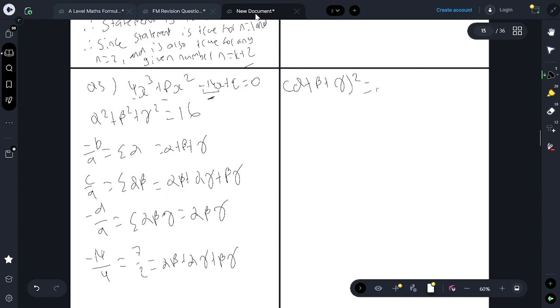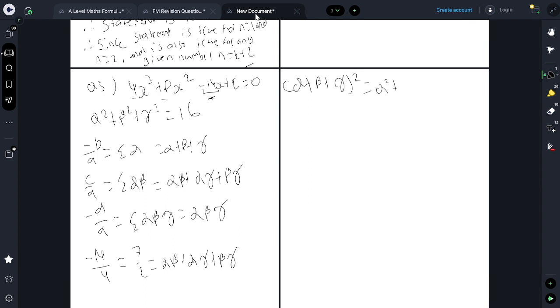If we expand that out, that's going to be alpha squared plus alpha beta plus alpha gamma plus alpha beta again plus beta squared plus beta gamma, plus alpha gamma plus beta gamma plus gamma squared. If you expand that, right?